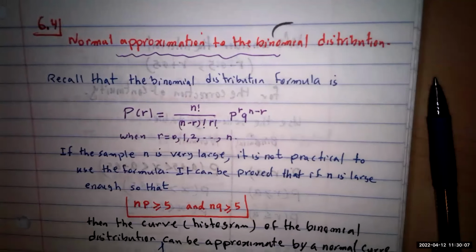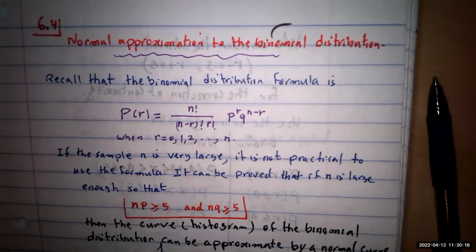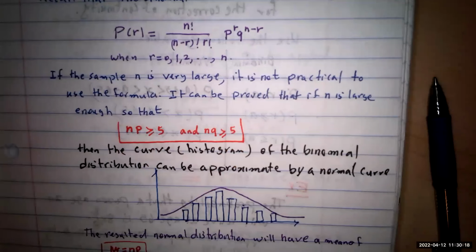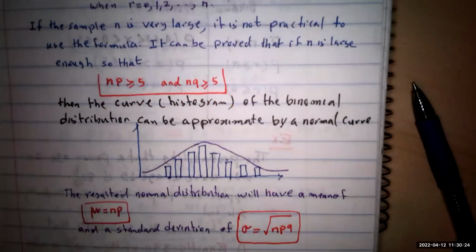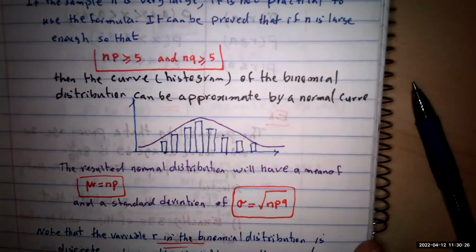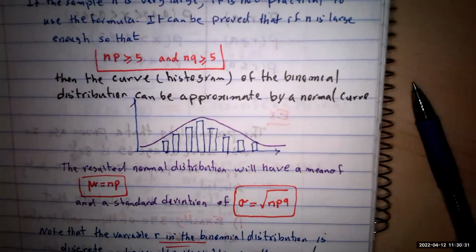Okay, this is the one we call the normal approximation to the binomial. The situation is when the sample size n is large, you can't do it directly. It must have two conditions, np bigger than 5 and nq bigger than 5, to be able to do it. If n is large, you see these histograms are the binomial.